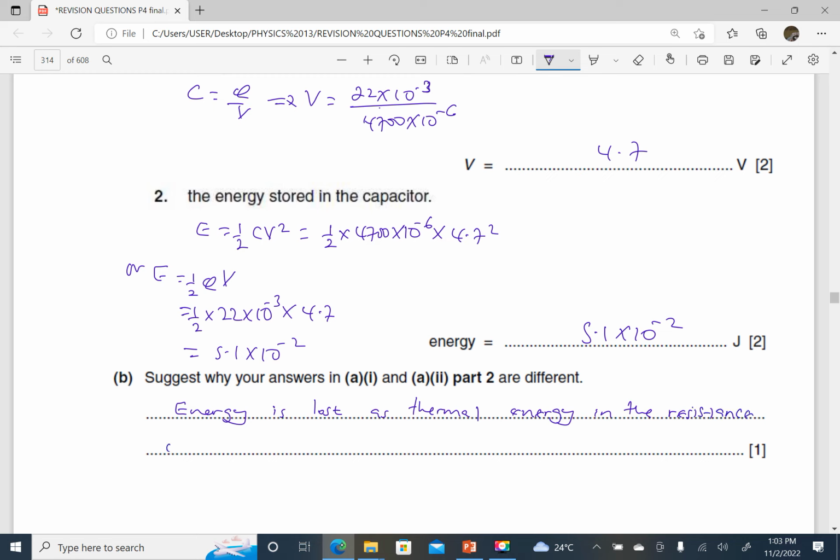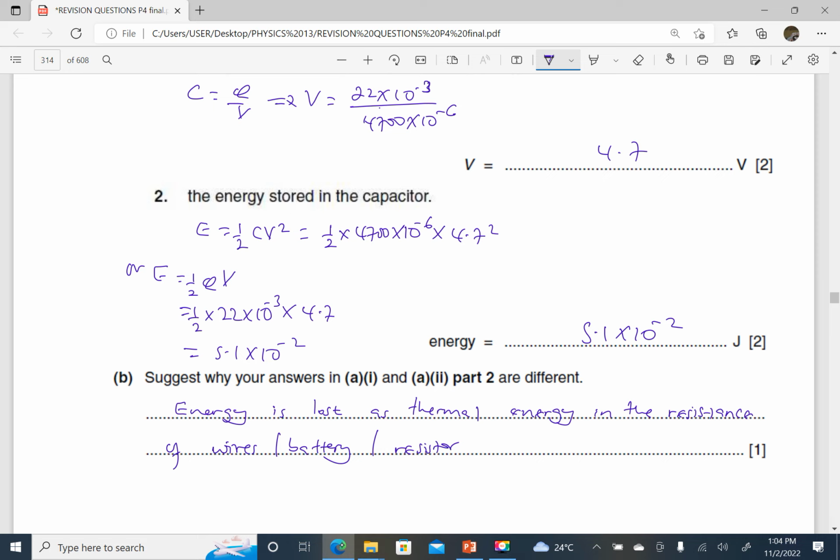It can also be lost in the resistance of the battery. It can also be lost since we have a resistor, as thermal energy in the resistor. So that makes the energy stored to be less than what we have seen before.